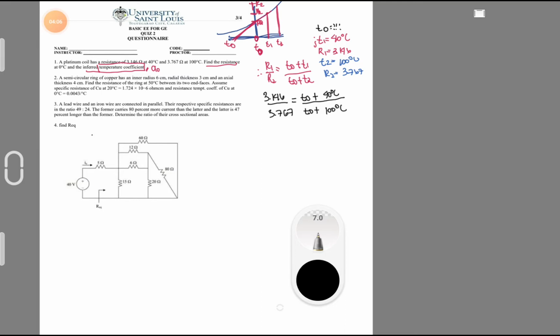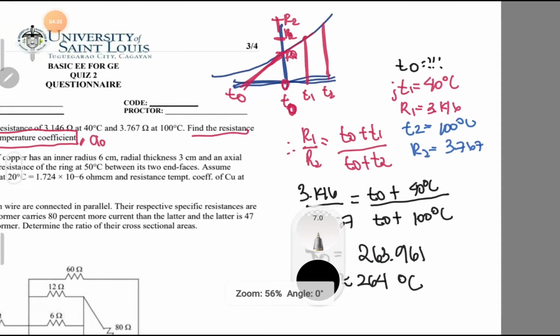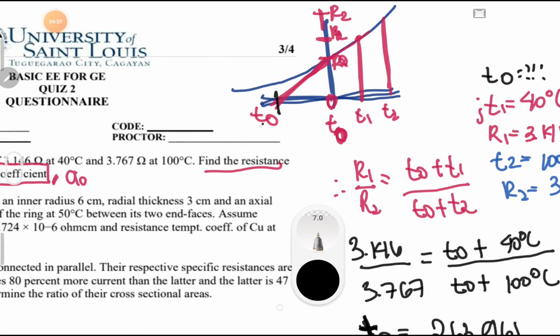Shift solve, and we have a value of x, which is equal to TO. TO equals 263.961, or approximately 264 degrees Celsius.